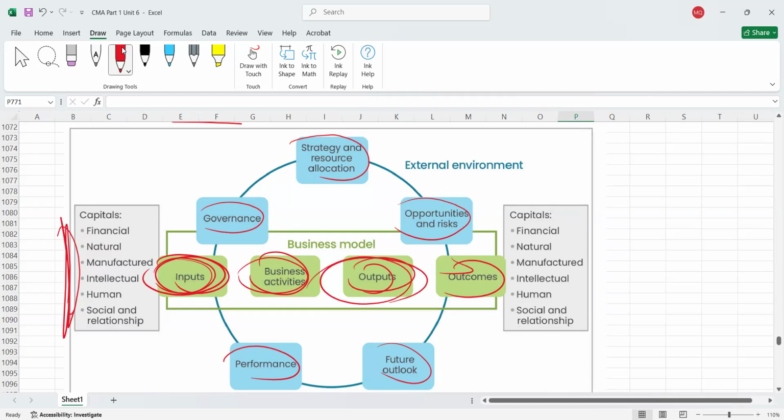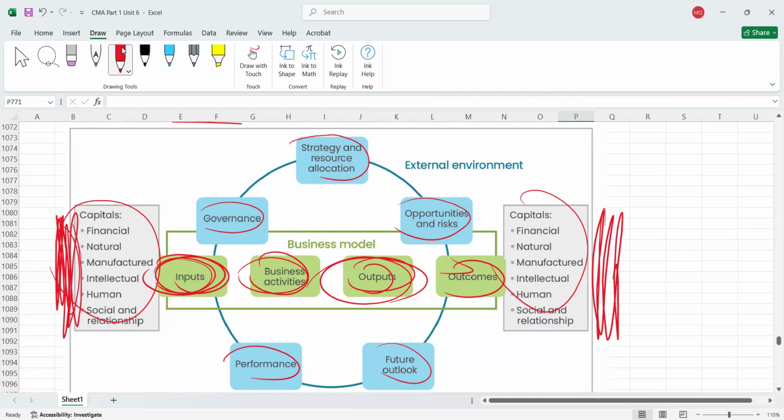And then guys, we can see here the gray panels. These gray panels are your capitals. Here you can see the capitals are your input and also your output. How?